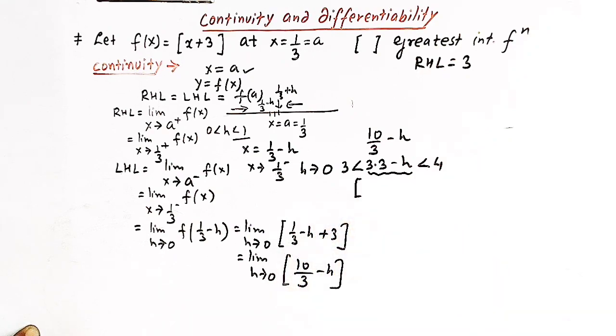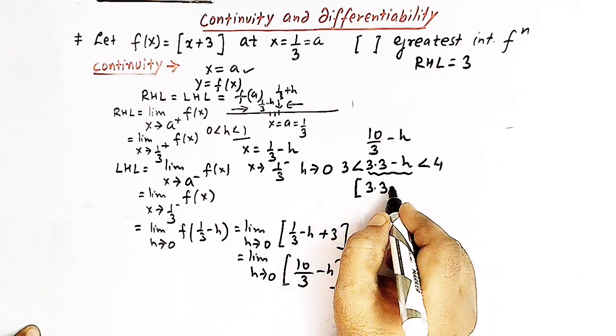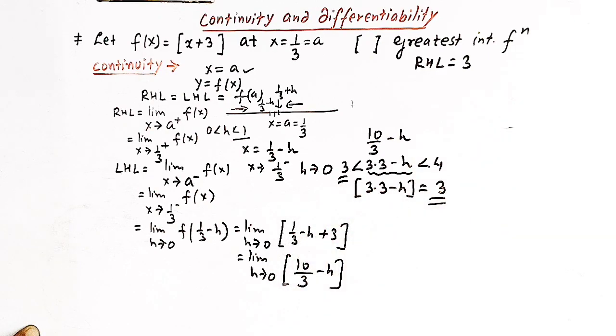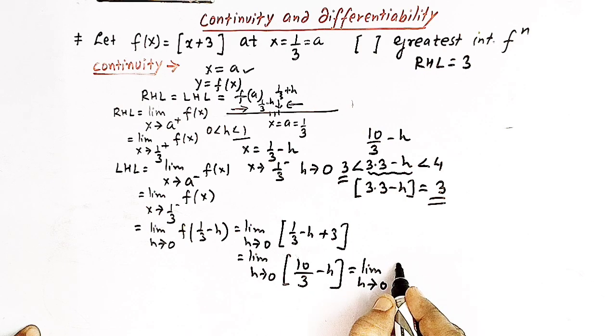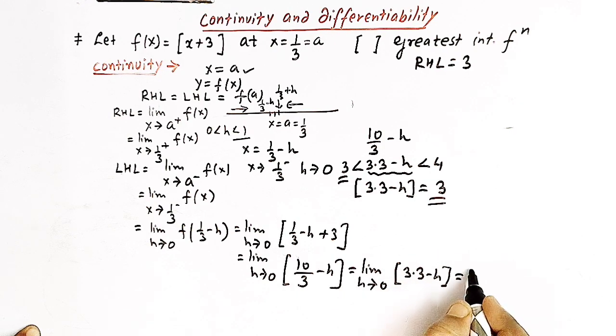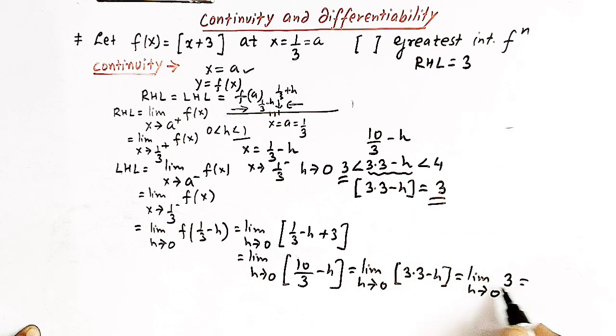So by the definition of the greatest integer function, the value of the greatest integer of 3.3 minus h is equal to this number 3, right? So now here we have limit h tends to 0 of the greatest integer of 3.3 minus h, and this is limit h tends to 0 of 3, which is equal to 3, because again this term is independent of h.